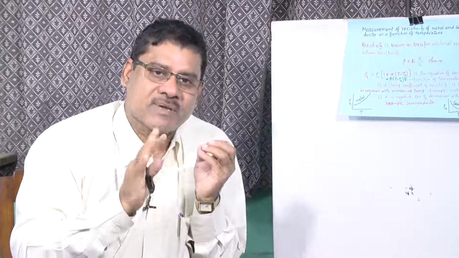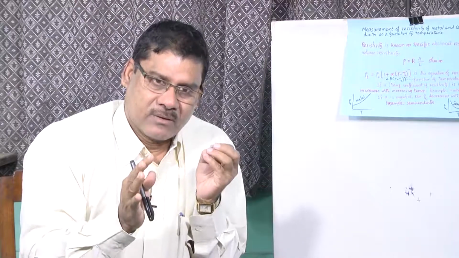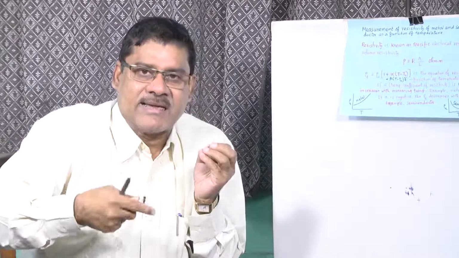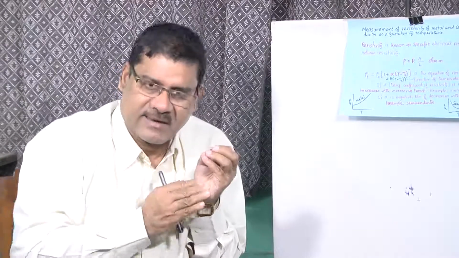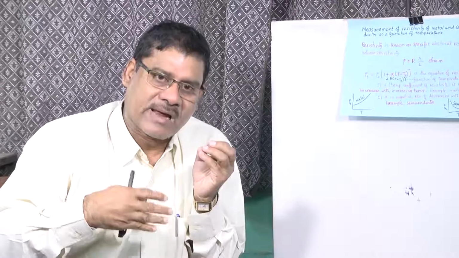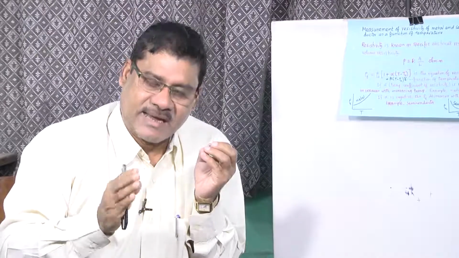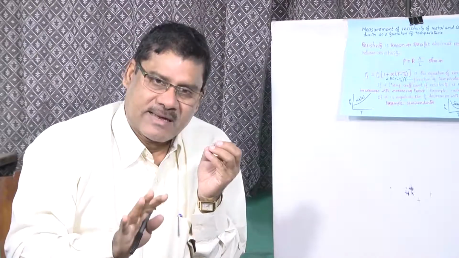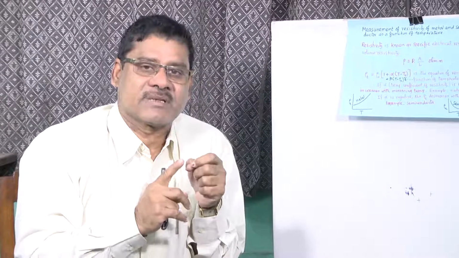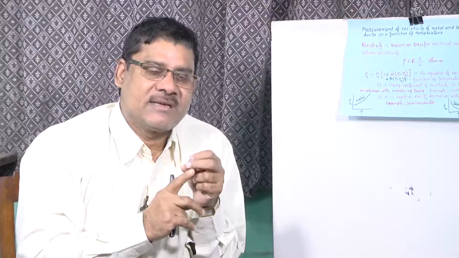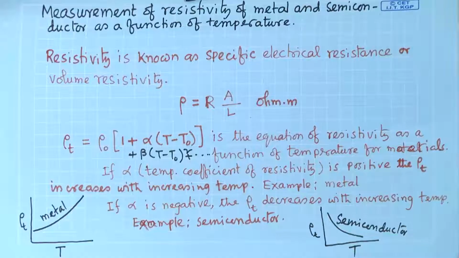So, in case of semiconductor, temperature is basically changing the electron and hole density, the carrier density. So, conductivity is increasing, resistivity decreasing, resistance decreasing. So, that is why in case of semiconductor we see that resistivity decreases with temperature. Okay.